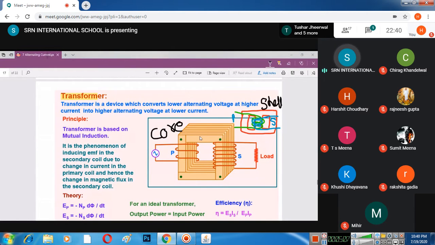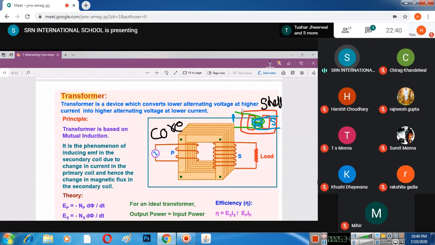See, both the transformers have their own advantages and disadvantages. In the core type transformer, there are separated primary and secondary coils, and in the shell type transformer there is only one core, that is one winding. Primary and secondary are both wound together.